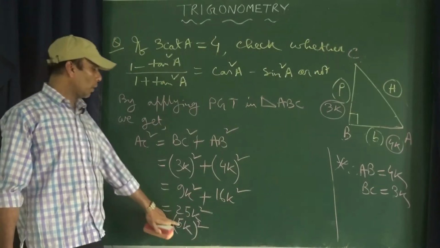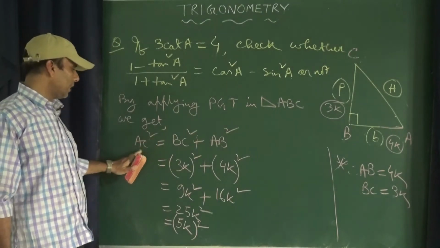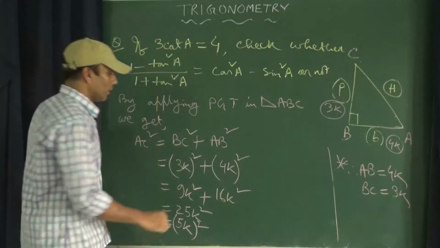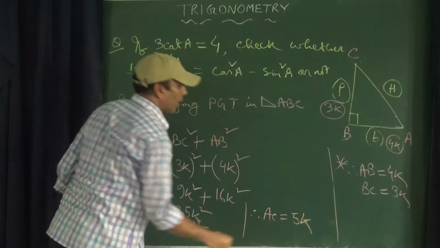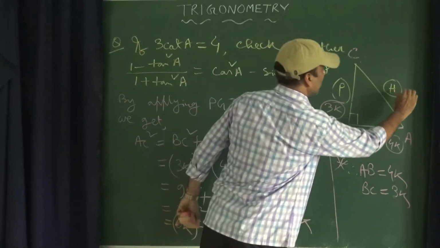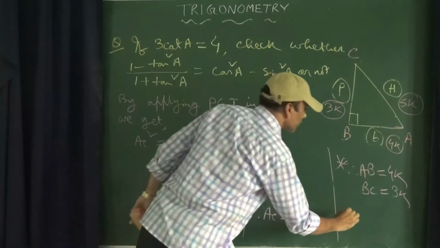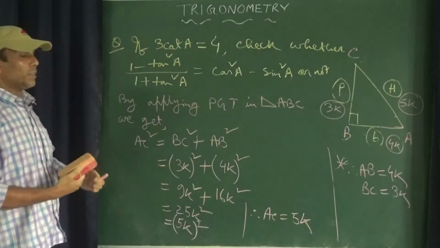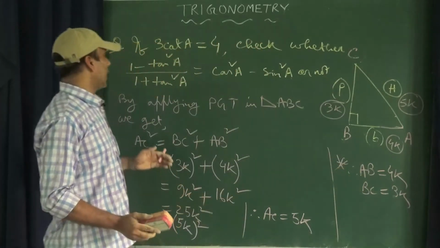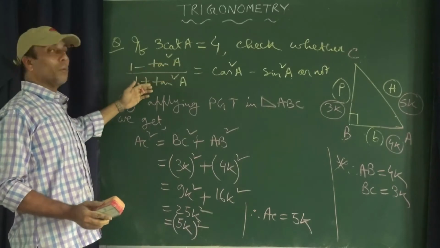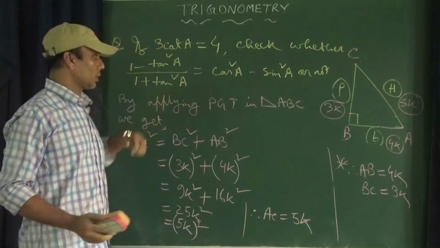We have got AC square equal to 5K square, so from both sides if we cancel the square, that gives us AC is equal to 5K. Now using these values of AC, AB and BC, we can check whether (1 minus tan square A) by (1 plus tan square A) is equal to cos square A minus sin square A or not.